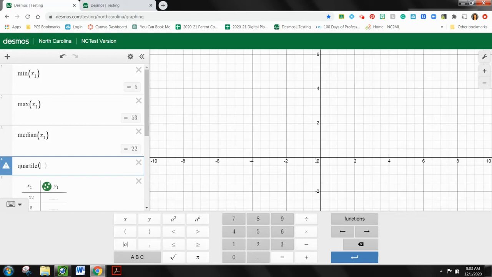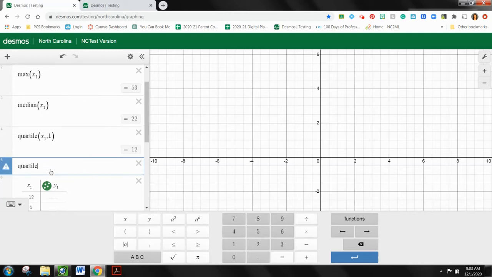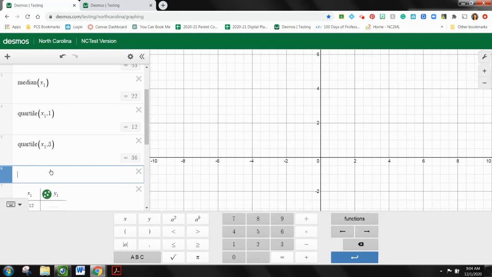All right, so when I'm finding the quartiles, I need to tell my computer, hey, I'm looking at list x1 and I want quartile 1, and I do that by typing in a 1. So quartile 1 is 12, and I'm going to do the same thing to find quartile 3. So quartile 3 is 36.